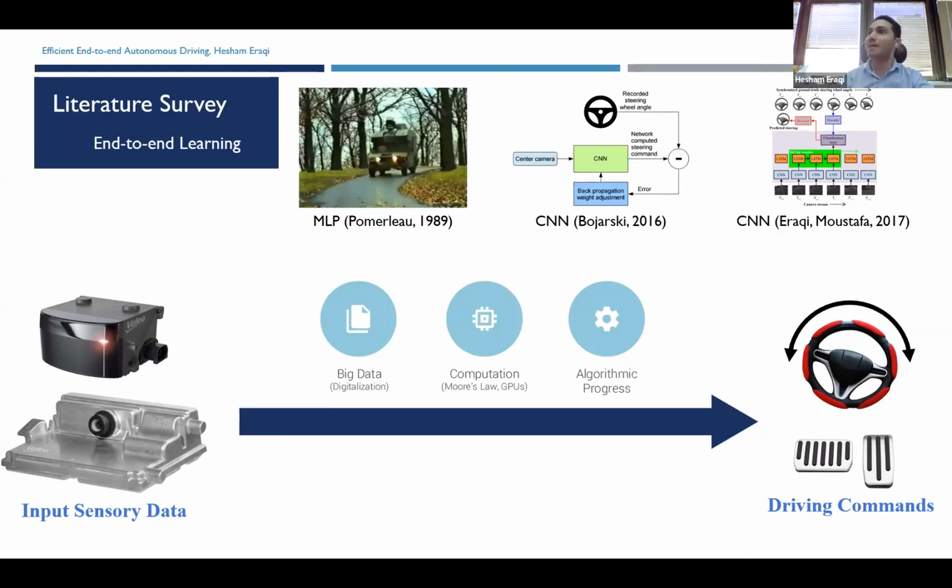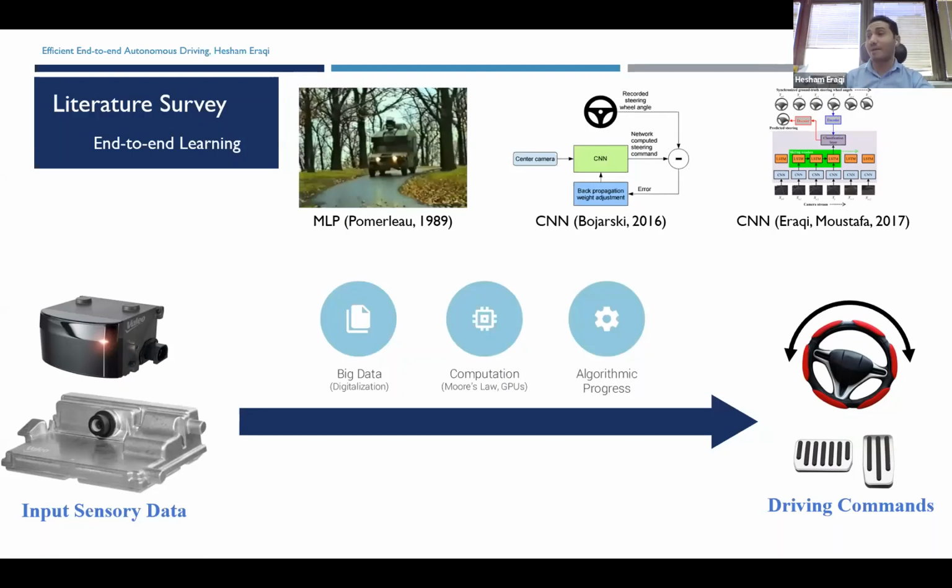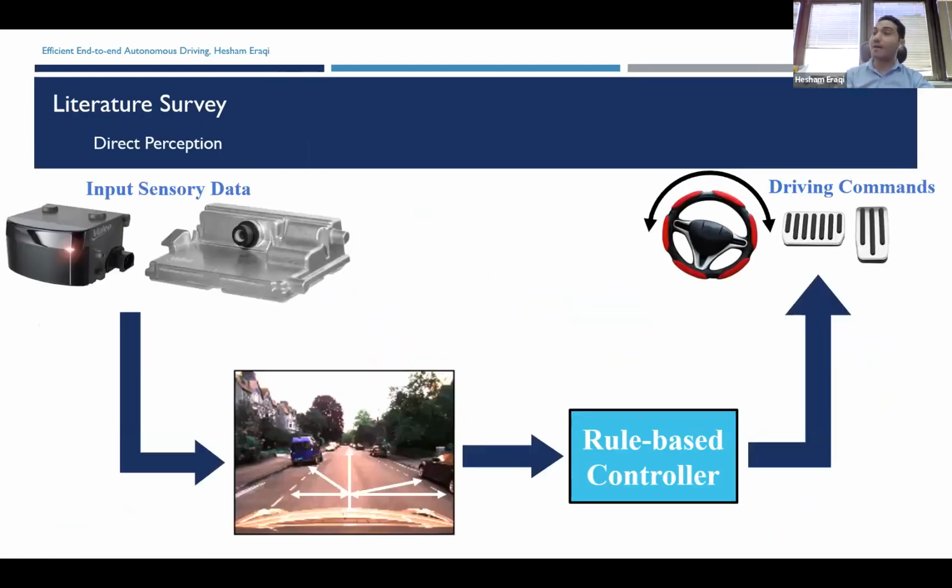The model that appeared in the 80s was improved by the NVIDIA work in 2016, and improvements have been happening since that time. One main drawback of the end-to-end approach is that it cannot see the bigger picture of the situation, and it can hardly learn to do strategic planning.